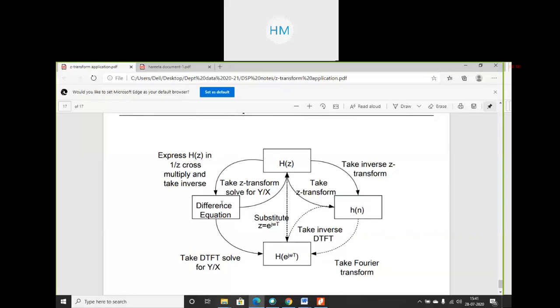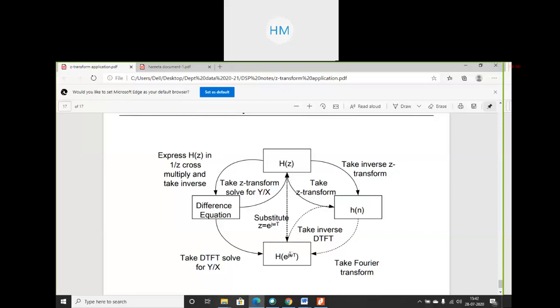Here H of z will lead to a difference equation, as we have seen above. Take the Z transform to solve for y by x, and you will get the difference equation. From the difference equation, you can take the DTFT to solve and find y by x, which will give you H of e to the power j omega t.